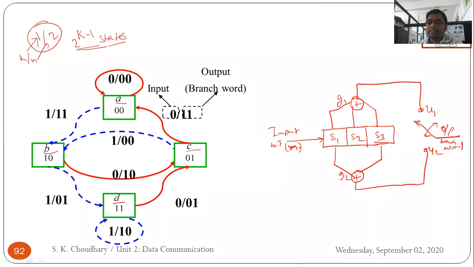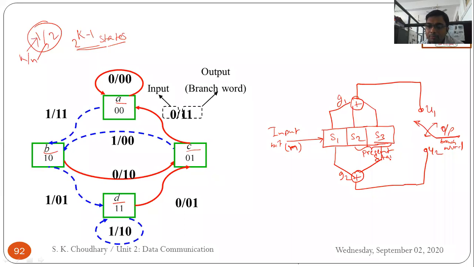Now if you look at this structure of the convolutional encoder, you will find that the rightmost 2 shift registers are the representation of the present state.